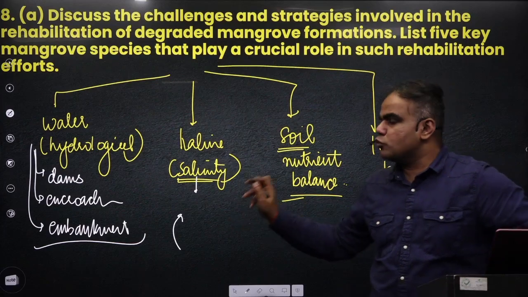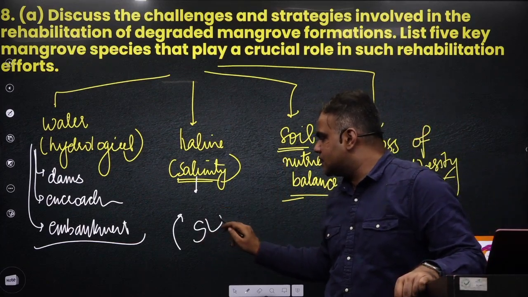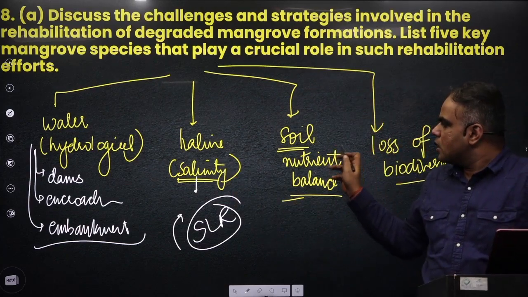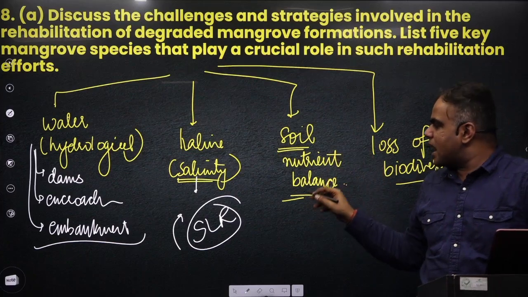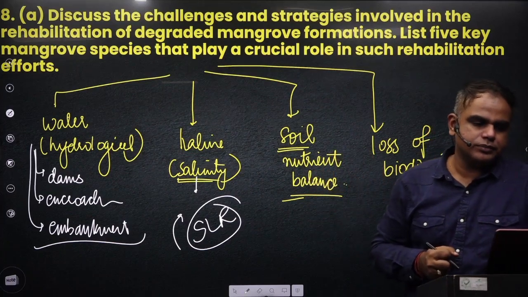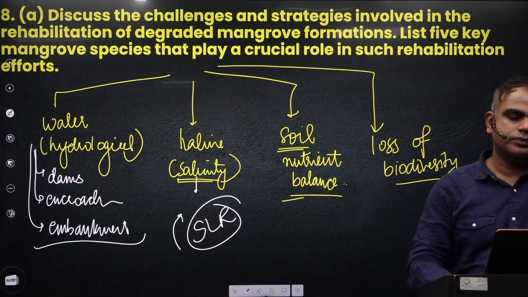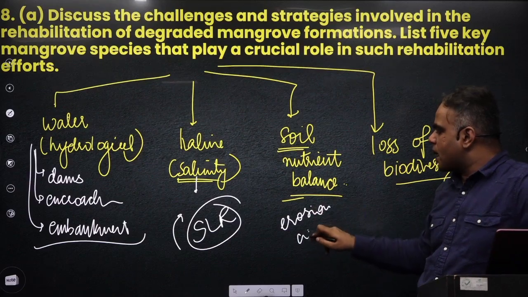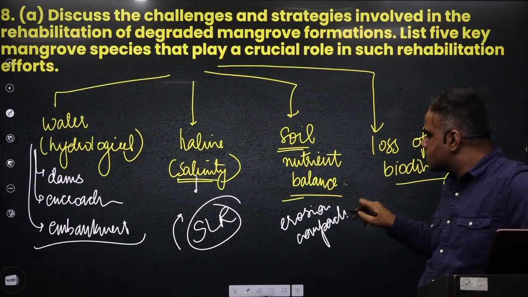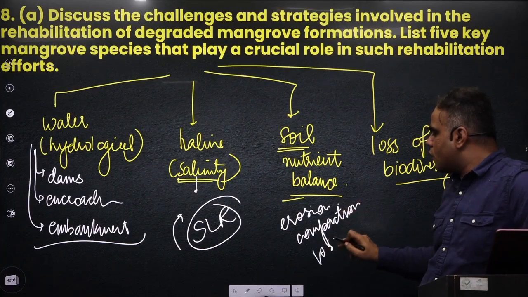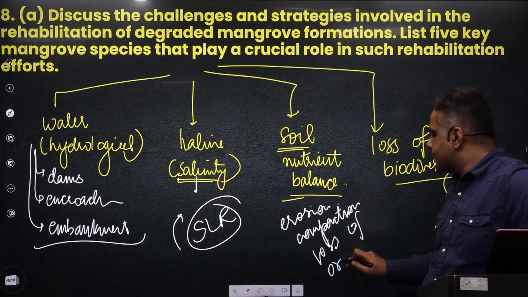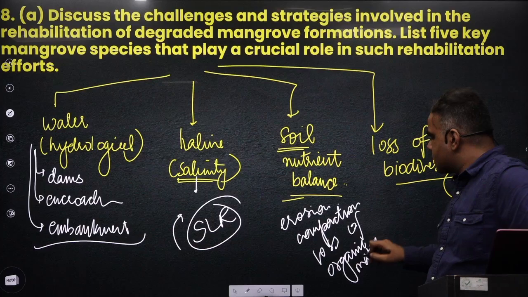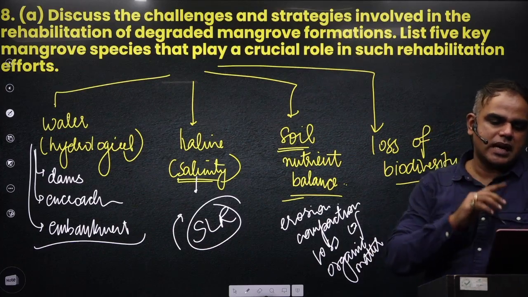One more issue, because of climate change, is sea level rise. That is also a problem. Soil nutrient imbalance can also happen here: soil degradation because of erosion, compaction, and loss of organic matter. All these things can happen.